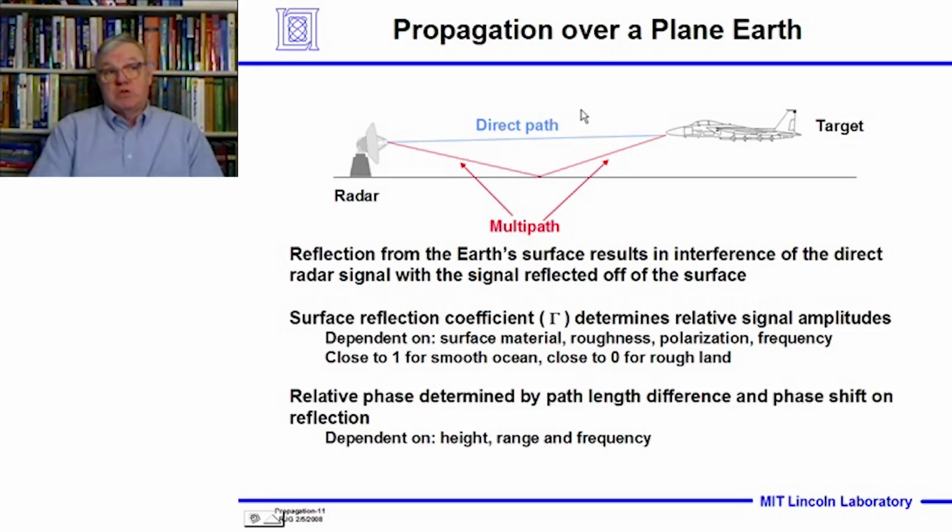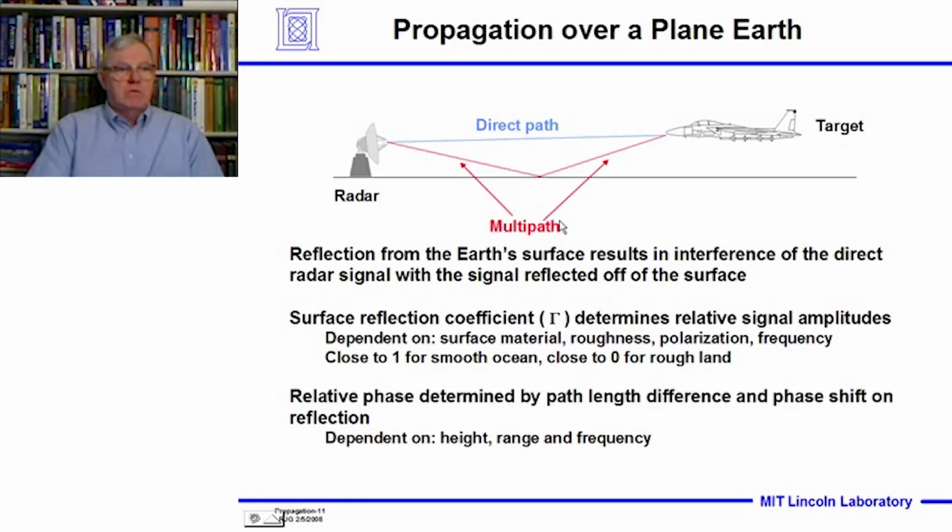And if the beam is sufficiently broad, as it would be in a low-frequency beam, some of the radiation will go out at a slightly lower angle, reflect off the Earth, go up, hit the target, and reflect back. And it's the interference of those two paths, the direct path and the multipath, that we're going to examine.